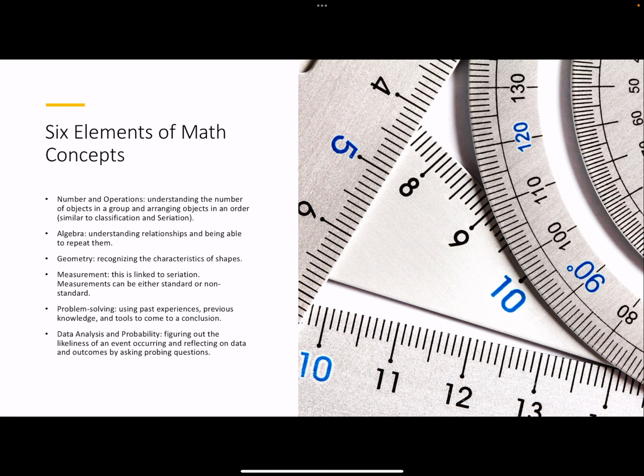Geometry is recognizing the characteristics of shapes. Measurement is linked to seriation also, and measurements can either be standard or non-standard. So measuring in inches or centimeters, or measured by saying it's like the length of an object.